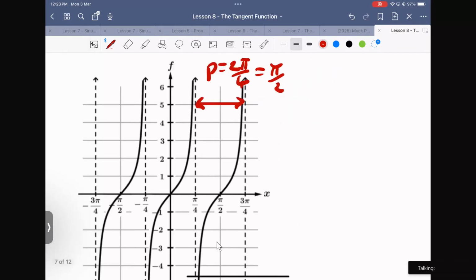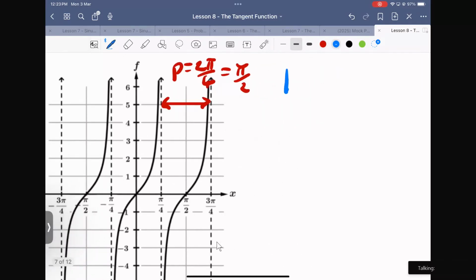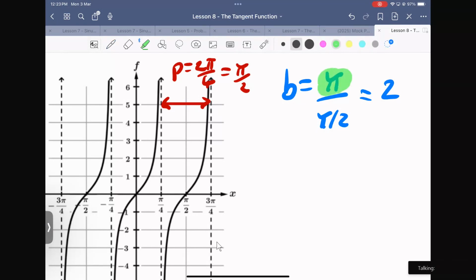That means that b is going to be equal to, what's the period normally for this function? Pi. So it's pi divided by pi over 2. These pi's will cancel, and this will give us b is equal to 2. The important thing to remember here is the formula. The regular period for a tan function is only pi.